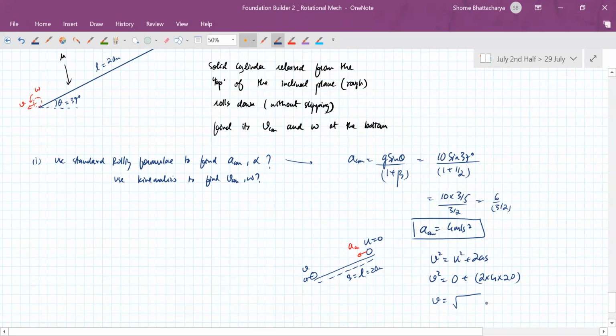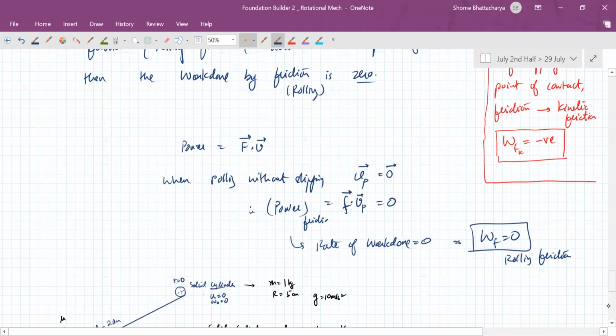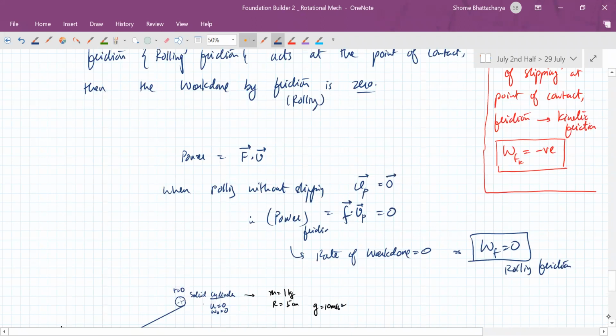So it's the square root of how much now? 160, isn't it? So 4 root 10 meters per second. This will be V. So omega will be equal to V by R. So 4 root 10 divided by the radius, which I think was, what was the radius? 5 centimeters.